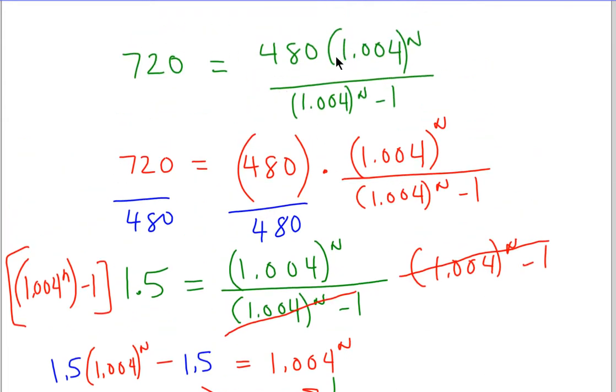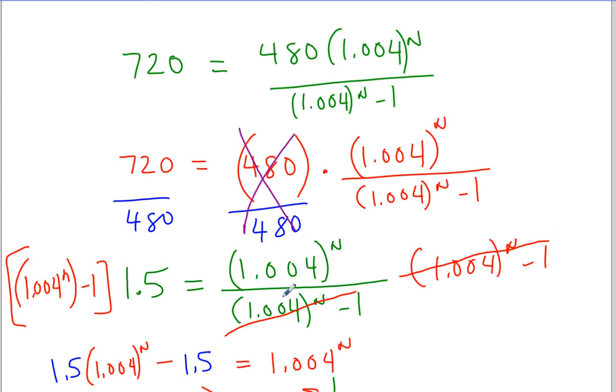If I multiply both sides by 1 over 480, which is what I'm doing here, I'm writing it as dividing by 480, but I'm multiplying both sides of my equation by 1 over 480, and that's giving me a cancellation on the right and a new value on the left. So I have 1.5 here in green, and then on my right I'm left with this.